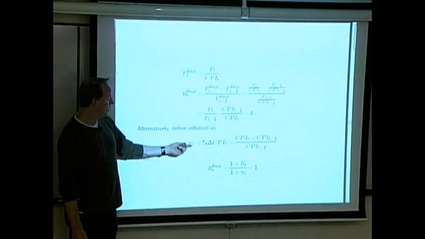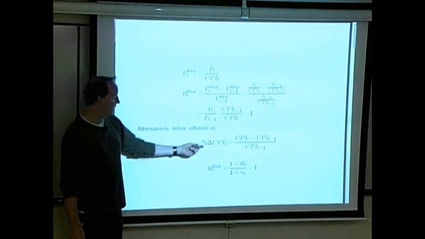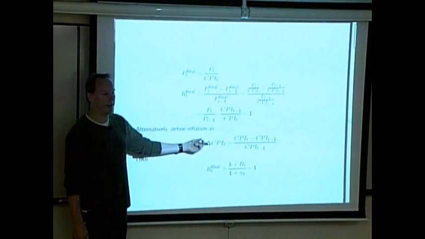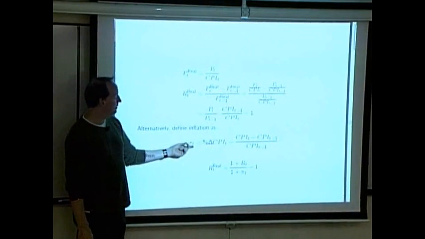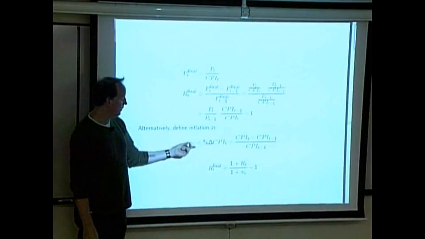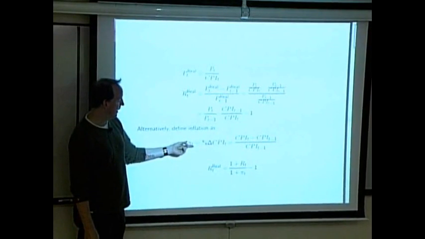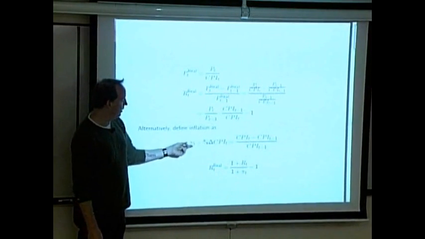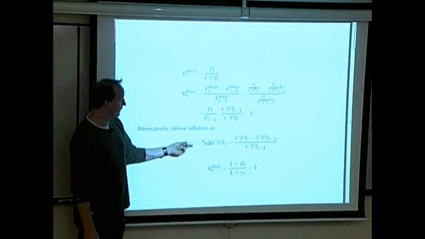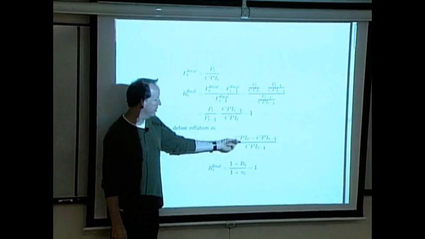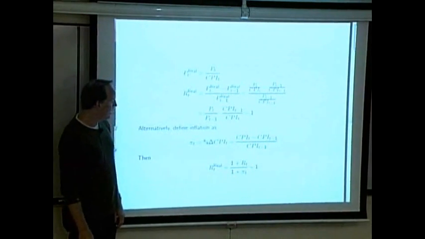Now, inflation generally is defined as the percentage change in the general price index. So pi_t is what economists commonly use as the symbol for the growth rate of prices. That's the inflation rate. That would be the percentage change in the CPI index.